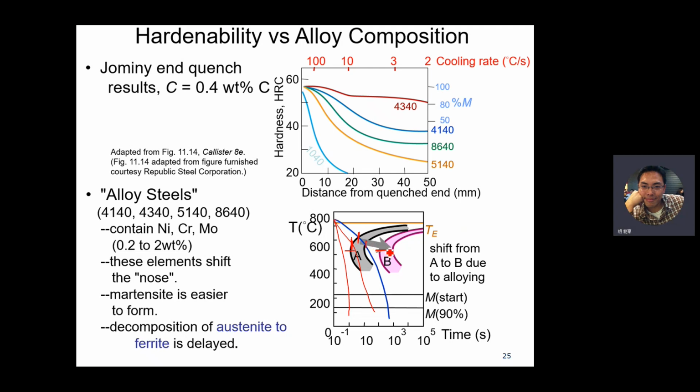And for cooling curve B, this blue curve never touches the nose. Therefore, martensite is easier to form.